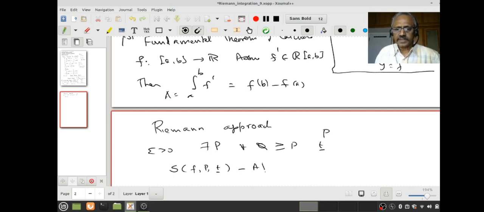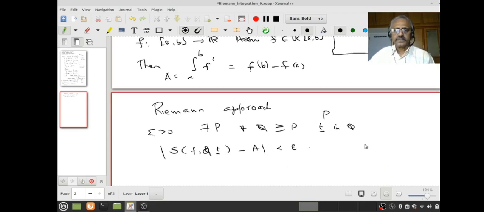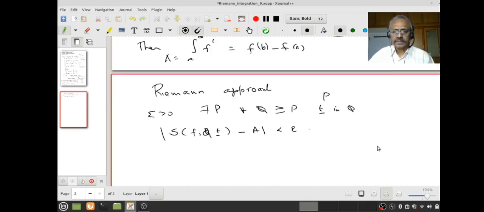This minus A should be less than epsilon for every such Q and for any set of tags in Q. Do you understand that?